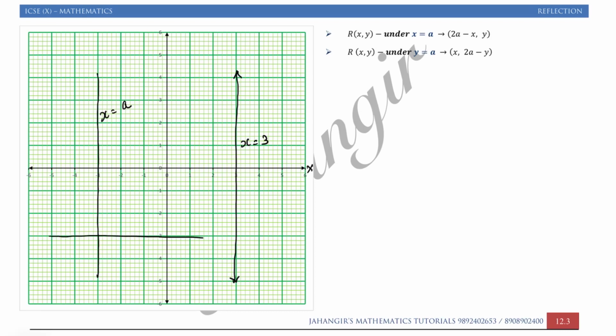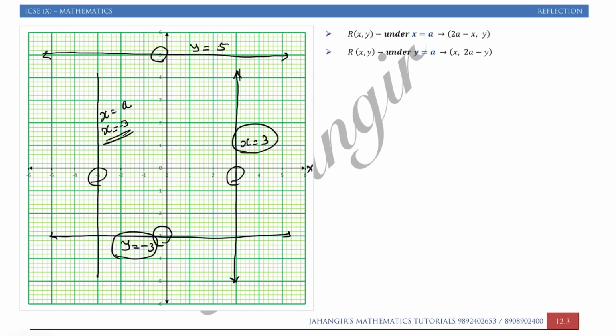Now this is called a horizontal line. Any horizontal line is always parallel to the x-axis and perpendicular to the y-axis. So its equation will be y = -3 if I am drawing it like this. This is also a horizontal line. Its equation will be y = 5 because it is passing through 5 on the y-axis. This is y = -3 because it is passing through -3 on the y-axis. This equation is x = 3 because it is passing through x = 3. This is -3, so we can write it as x = -3.